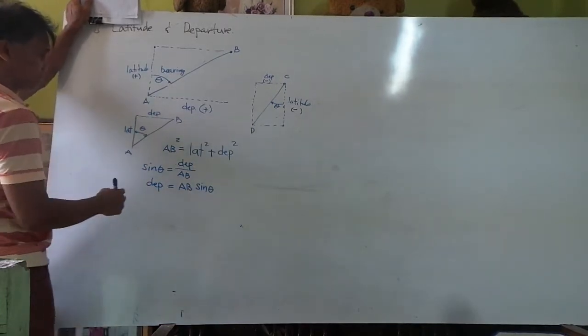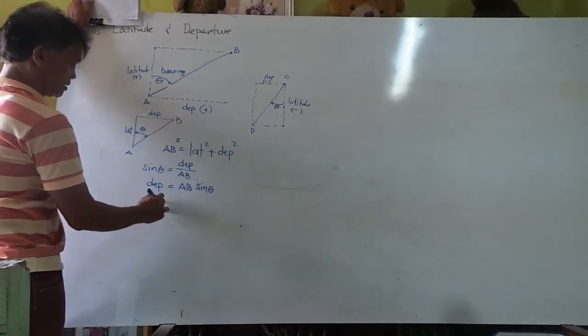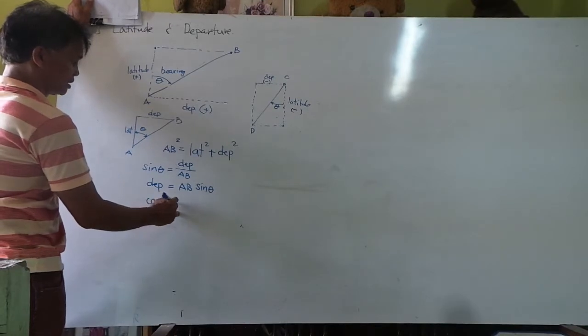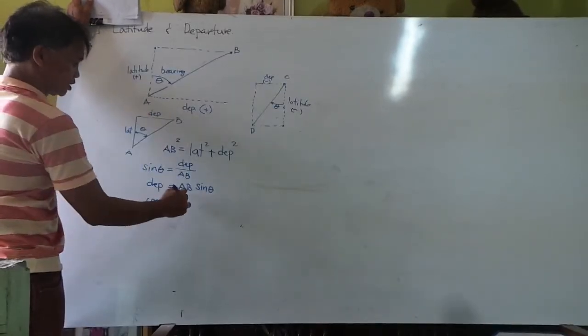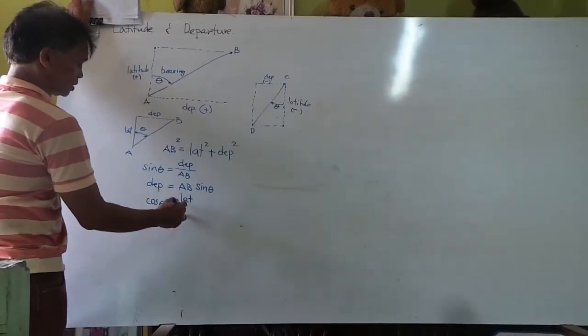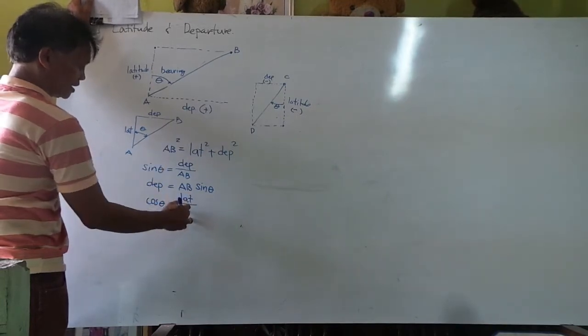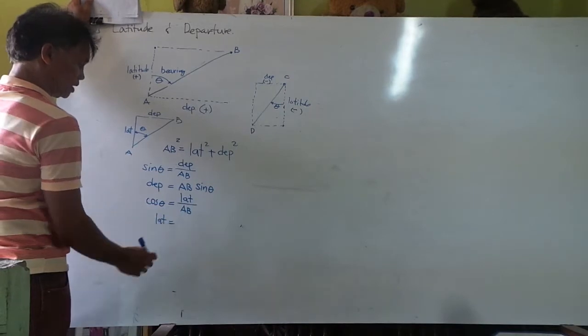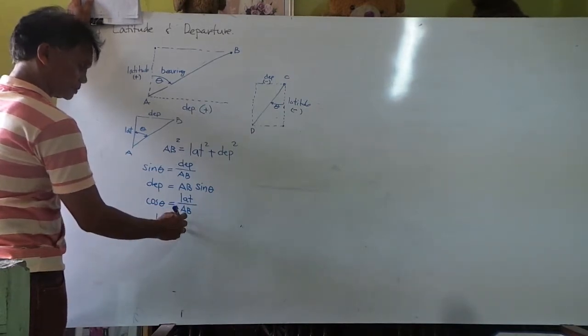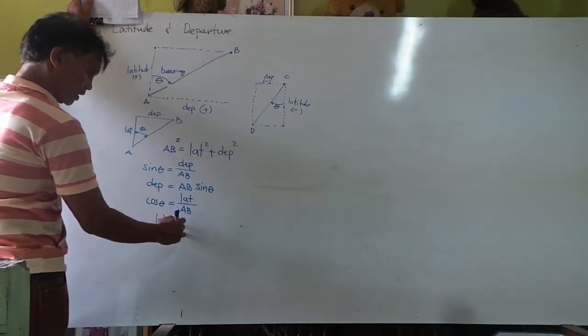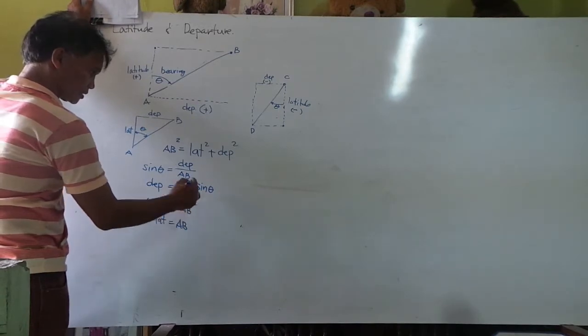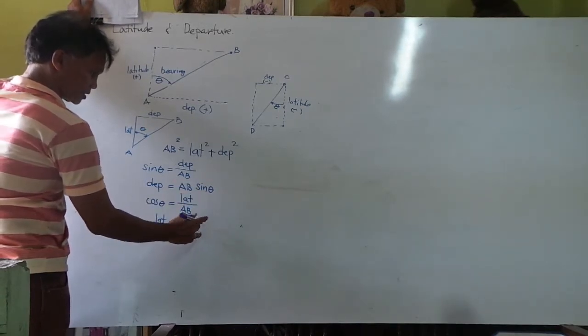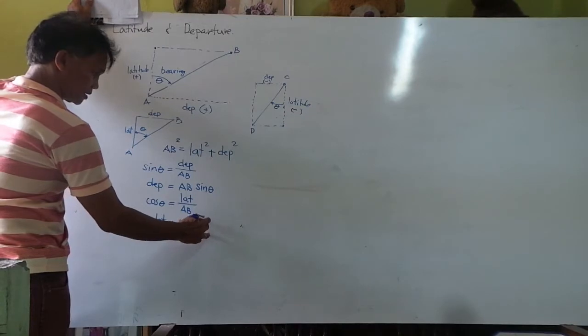On the other side, cosine theta is equivalent to latitude over the line AB, or latitude equals line AB times cosine theta.